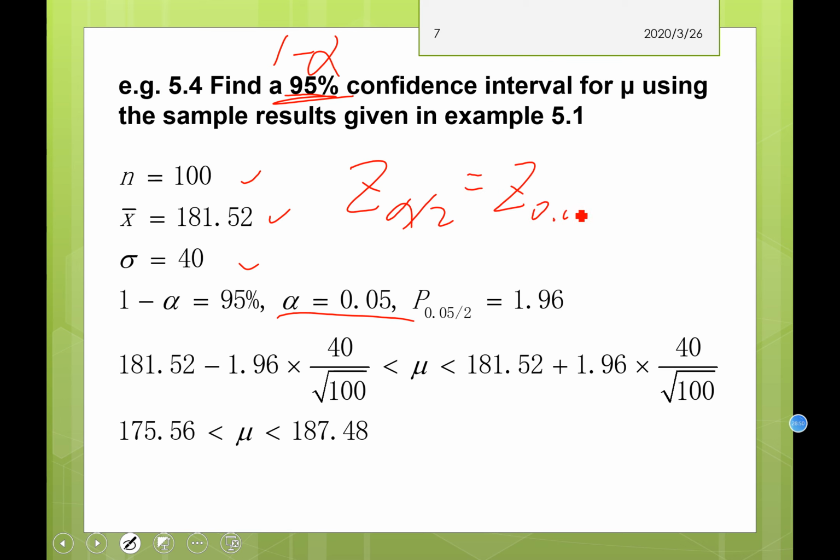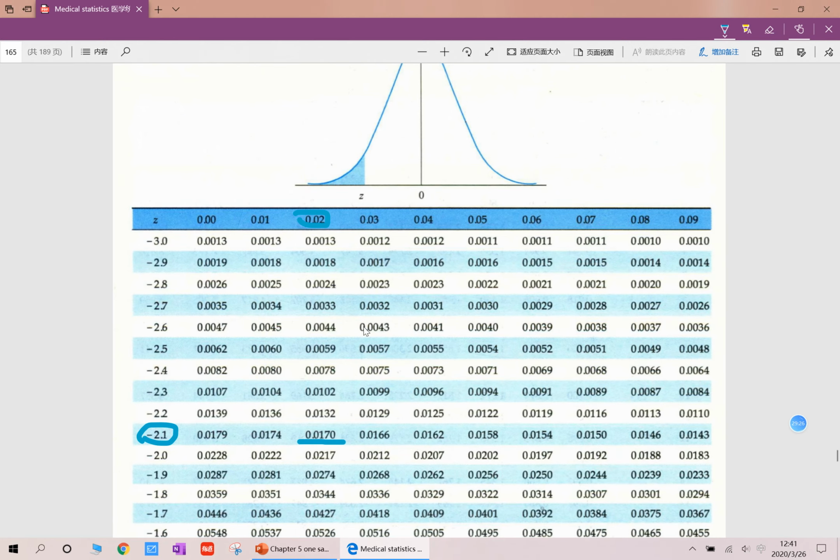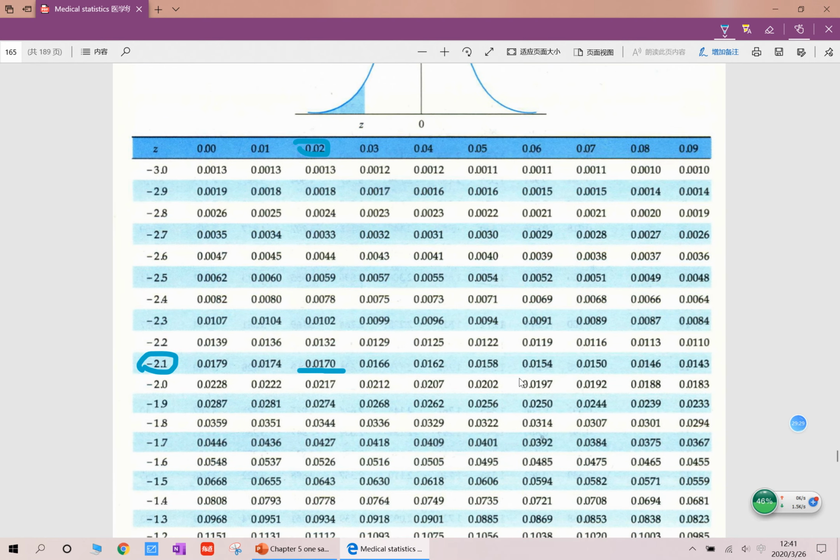And I think Teacher Gao has taught you that when alpha equals 0.05, and we are talking about the two-sided probability, the z value should be 1.96. We can also find it in our textbook.